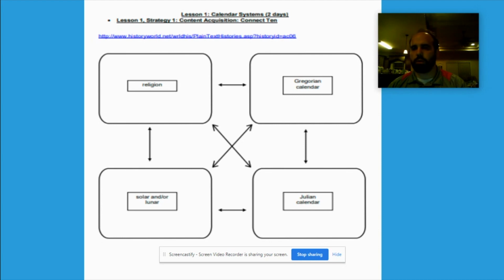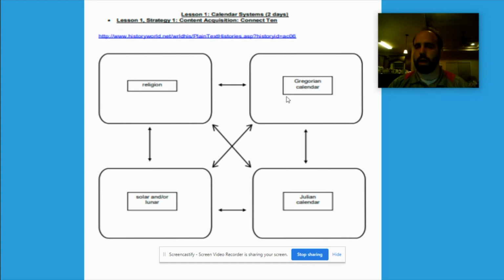And so what we've got here is, you'll notice the way this works, and we're going to look at this, we really have a couple of things. So it's called Connect 10 because the goal here is to get to 10 points. And I'm going to explain that in a minute. So how do we do that? So you see the arrows here. And so the easiest connection that you should be able to make for a student would be this horizontal connection right here.